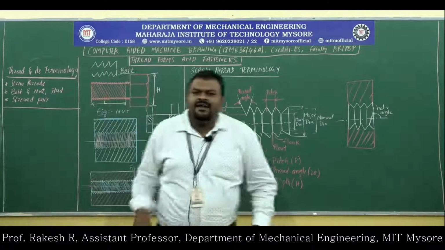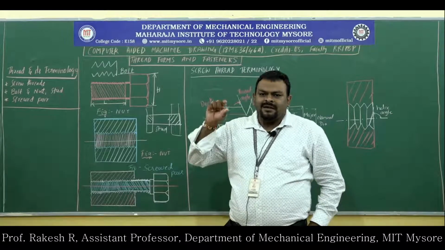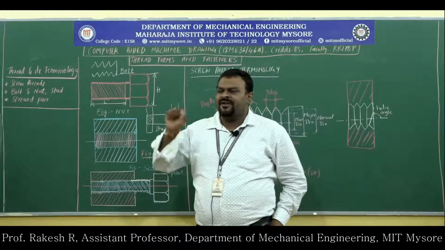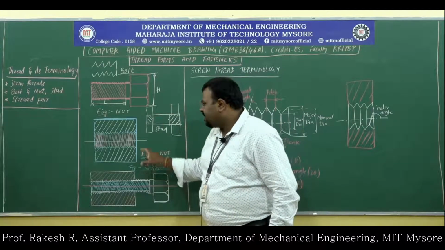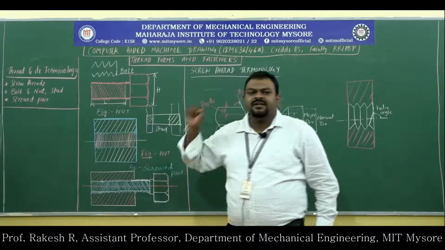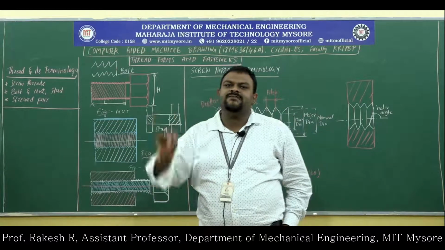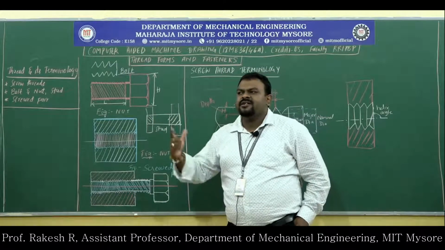Similarly, if I have internal threads, if I have V grooves on the inner surface, then it is nothing but a nut. So this is a front view of the nut. It has grooves on the inner surface, in other words, internal threads.